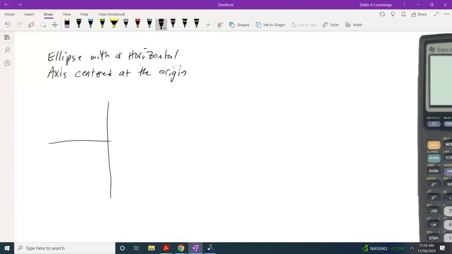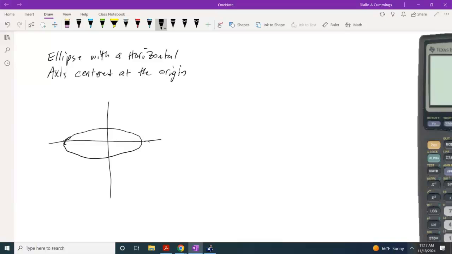If you have an ellipse with the horizontal axis, what that means is my major axis, in this case, is my horizontal axis, and this is just an arbitrary shape. An ellipse that's centered about the origin with a horizontal axis is going to look like an egg shape or an oval shape on its side.